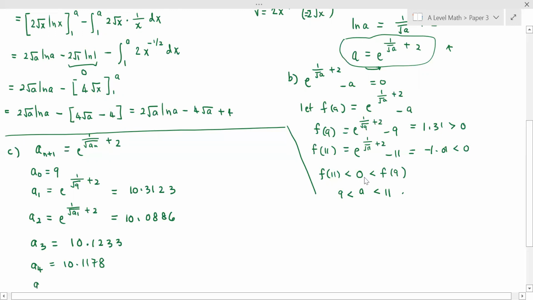That means they are converging to 10.12. Find a sub 5, and we get 10.1187. Therefore, we say that a is 10.12. These three are the same to 2 decimal places. Therefore, a is 10.12 to 2 decimal places.